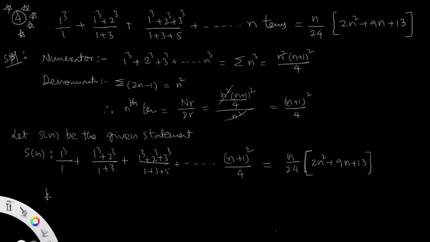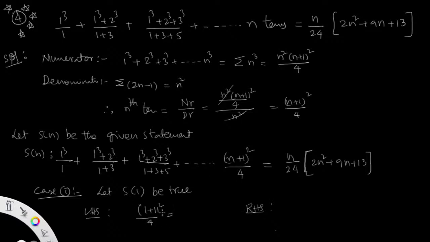The basic step is nothing but case 1. Let us assume that S of 1 is true. Take LHS and RHS separately. In LHS, 1 plus 1 whole square by 4, which means 1 plus 1 is 2 square, 2 square by 4 means 4 by 4, which is 1.